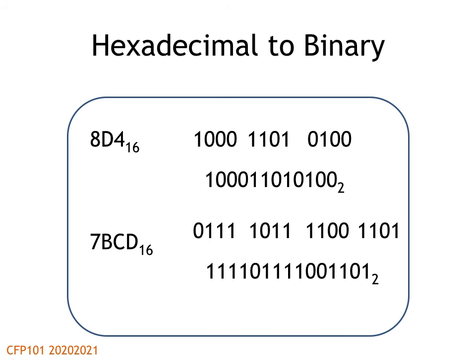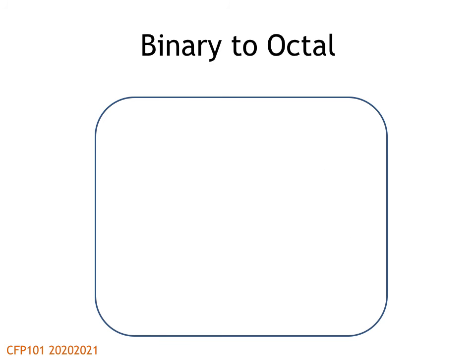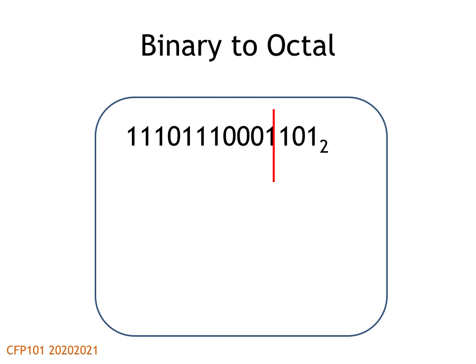Now that we've converted from octal and hexadecimal to binary, let's see how to convert from binary to octal and hexadecimal. Starting with this, let's say we have the number 1110111000 in base 2. Okay, all we have to do is divide these bits. Starting from the rightmost bit, count every 3 bits and place a line between the numbers. There you go.